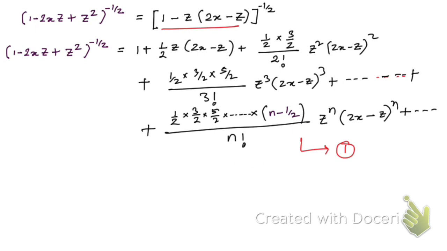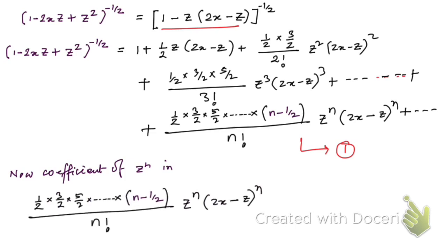Now the coefficient of z to the power n in this last term that I have written here. Let me copy this in this term. So what will be the coefficient?